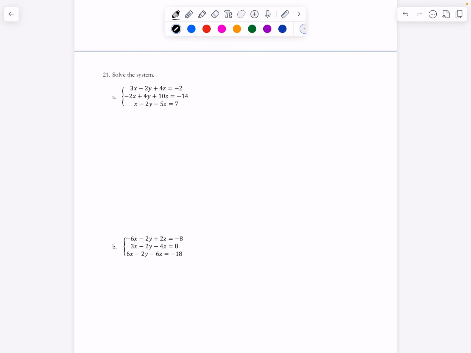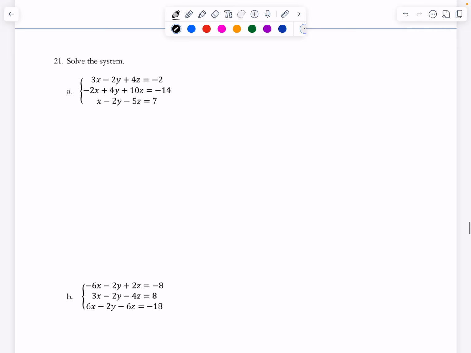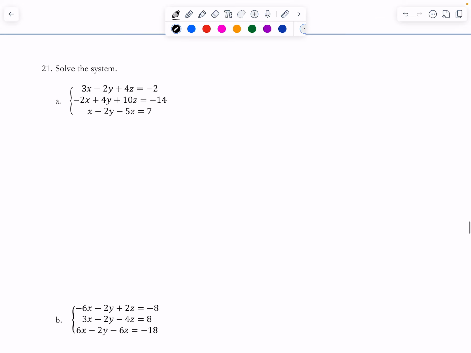Let's first do letter A, and when I look at these, I'm going to eliminate y. So my first step is I'm going to eliminate y with the first and the second equation. So I'm going to write 3x minus 2y plus 4z equals negative 2.